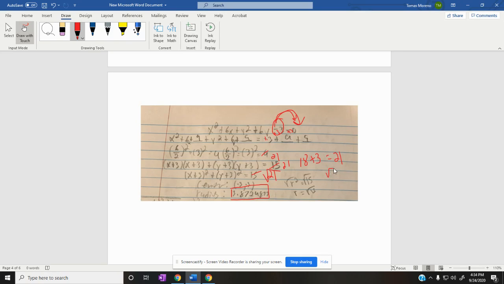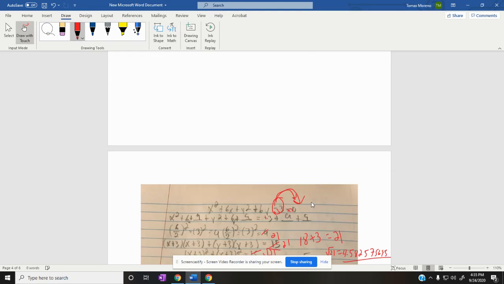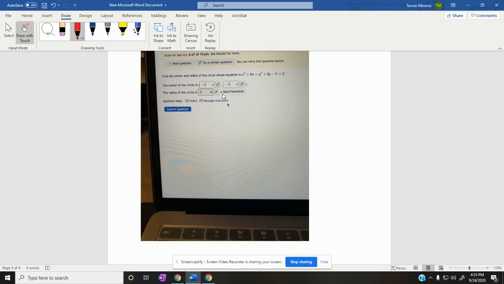So when you take the square root of 21, I believe it is 4.58257565. And if I'm not mistaken, I think this is the exact same number that is right there, 4.58257568.